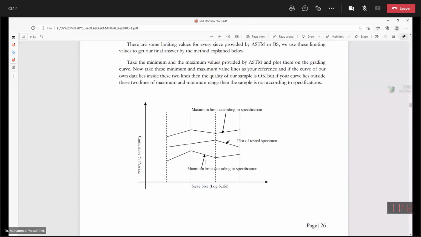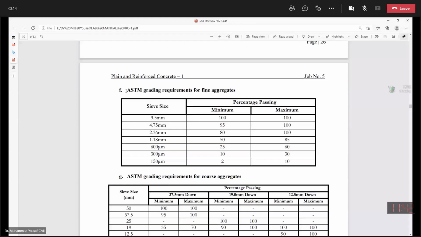ASTM gradation curve requirement for fine aggregate. You can see that this is sieve number 100 and above. It is given that the percentage passing for this material at 9.5, and at this size 4.75, for the fine material, should range between 95 to 100.